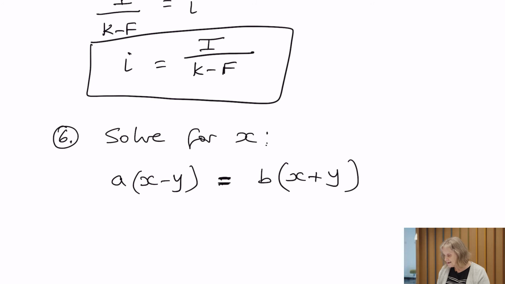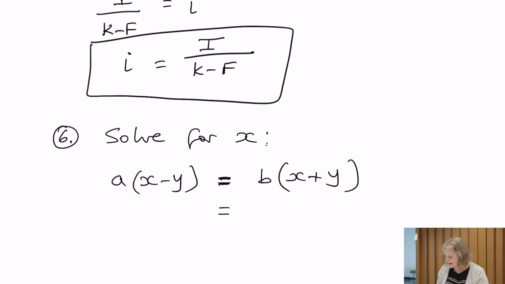What we notice here is that we've got x on the left-hand side in a bracket and x on the right-hand side in a bracket. So different things happening here. When we have brackets or parentheses, we expand those, especially if the x is in the bracket. On the left-hand side, everything in the bracket is being multiplied by a.